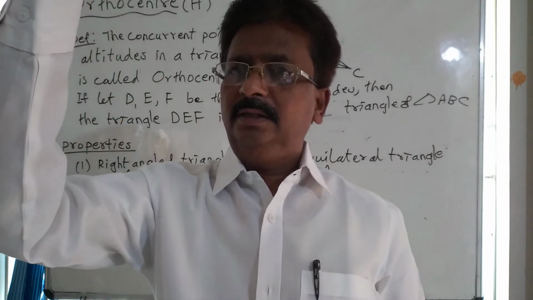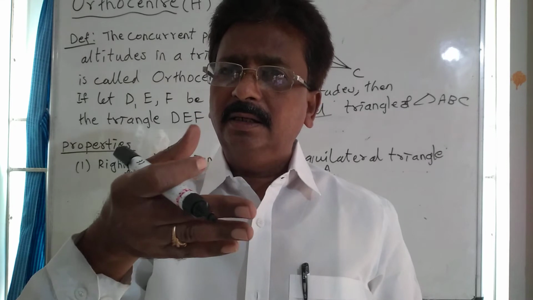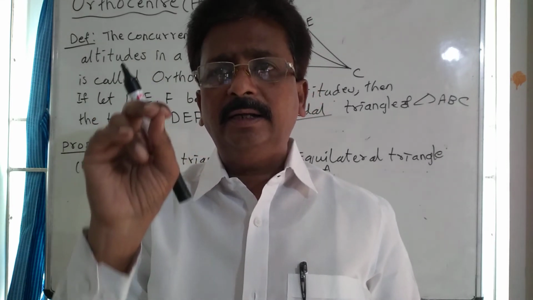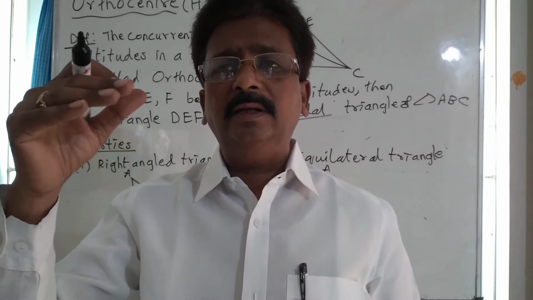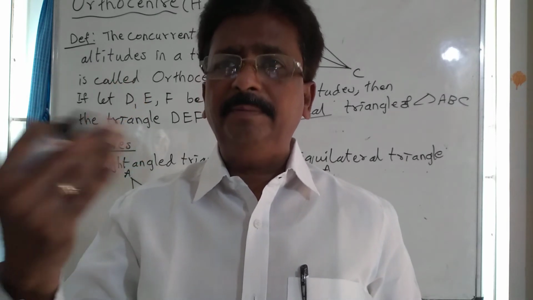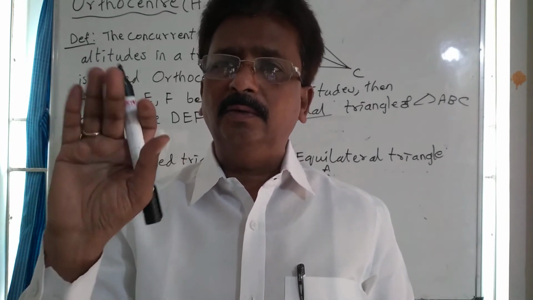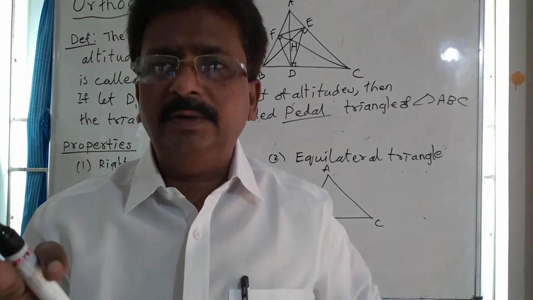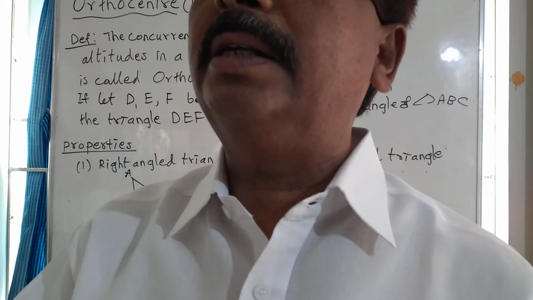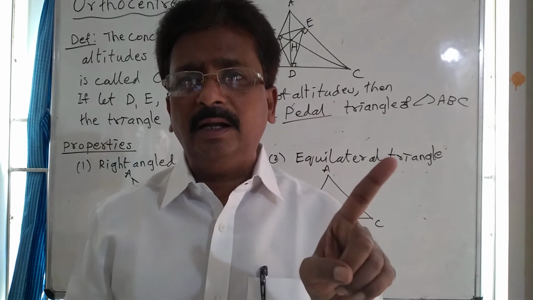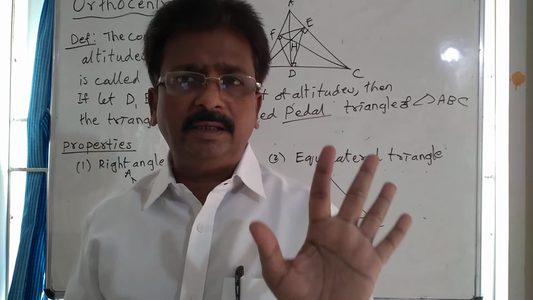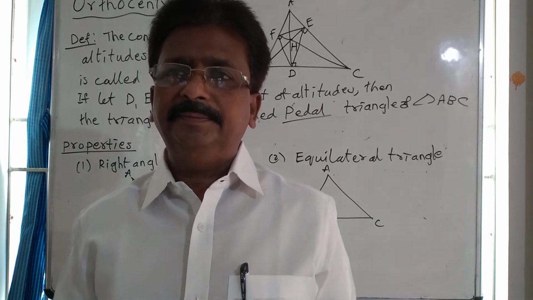If any x coordinate or y coordinate of a vertex contains root 3, I mean root 3 plus 1, or 2 minus root 3, or only root 3, such types of coordinates, then the triangle is almost 99% the equilateral triangle.